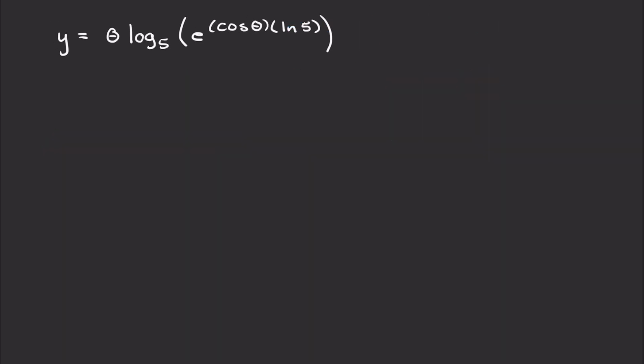Next function, we have y equals theta times log base 5 of e raised to the cosine theta times natural log of 5 power. So we can rewrite this as theta over the natural log of 5, so that's our base. And now we write natural log of the argument, so natural log of e raised to the cosine theta times natural log of 5.